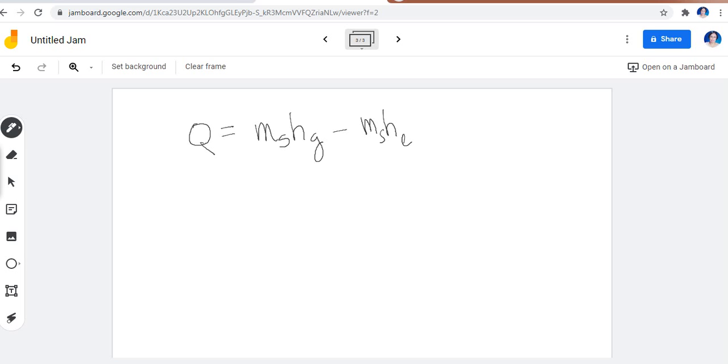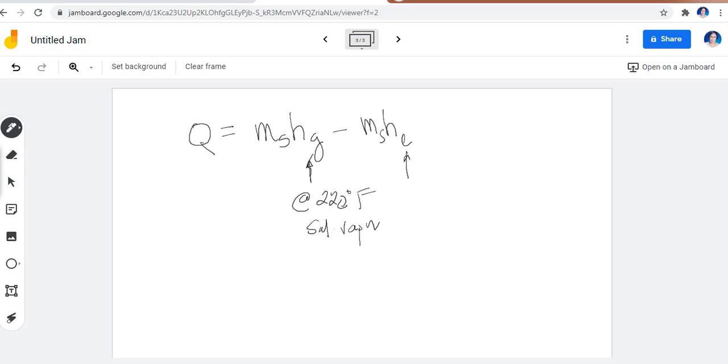Now this HG, I'd like to specify, should be at 220 degrees Fahrenheit, and this is for your saturated vapor.